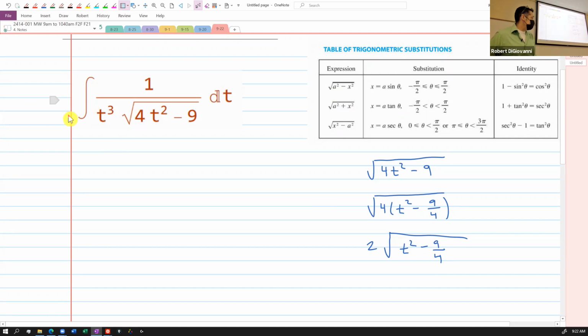I could pull it out of the integral as a 1/2 out front. So I've got a 1/2 out front, integral of 1 over t cubed square root of t squared minus 9/4 dt.